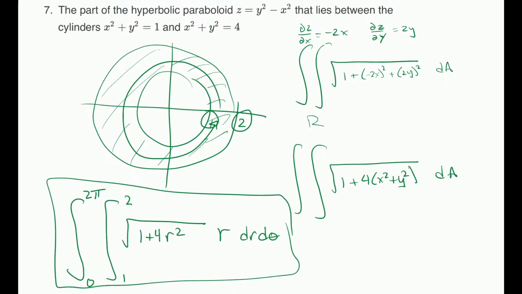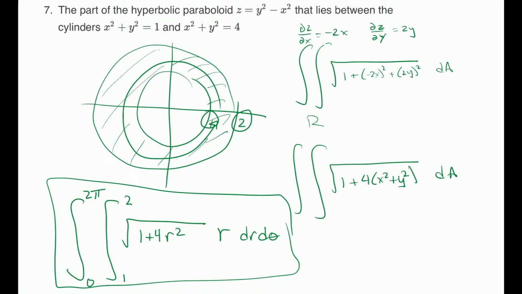U is equal to 1 plus 4r squared. Du is going to be 8r dr, so you're going to have a factor of 1/8 somewhere. But hopefully at this stage you can get from here to the finish line on this one. Did that clear things up? Okay, good. So yeah, this one actually isn't all that tedious, to be honest.